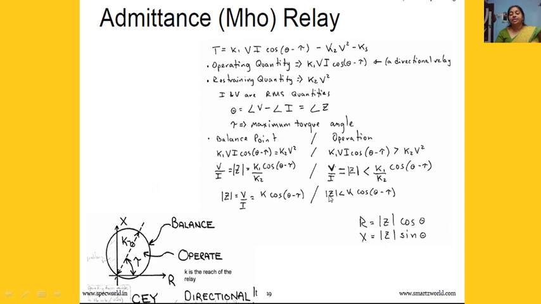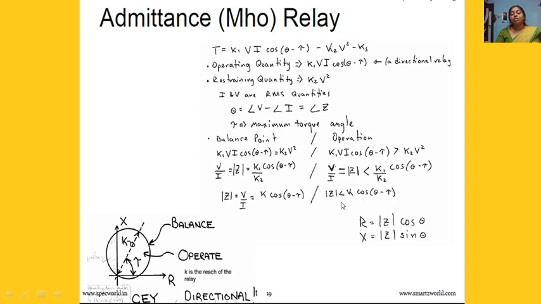This Z is Z seen. Or 1 by Z is equal to Y, the admittance, which is either V by I or I by V, so it will be 1 by K cos of (theta minus tau).